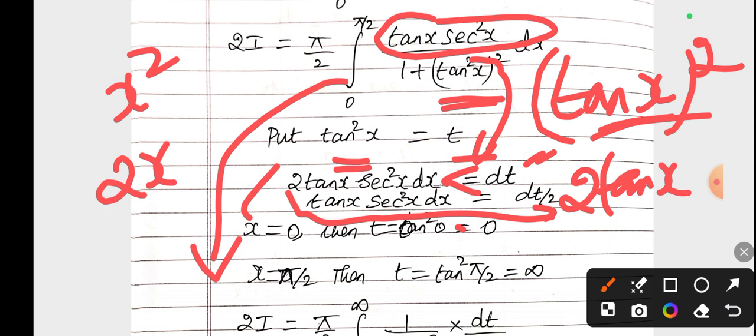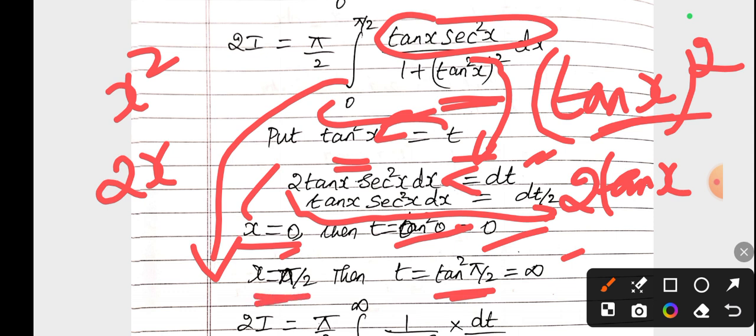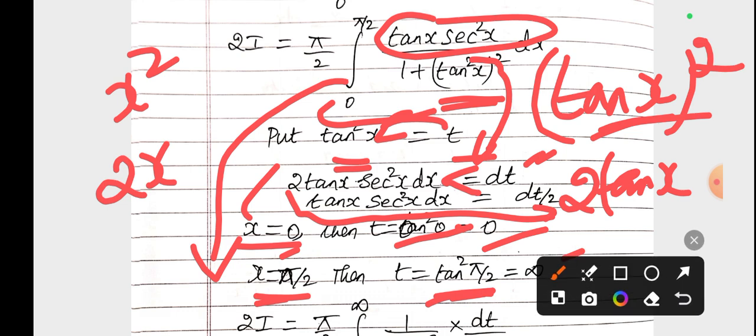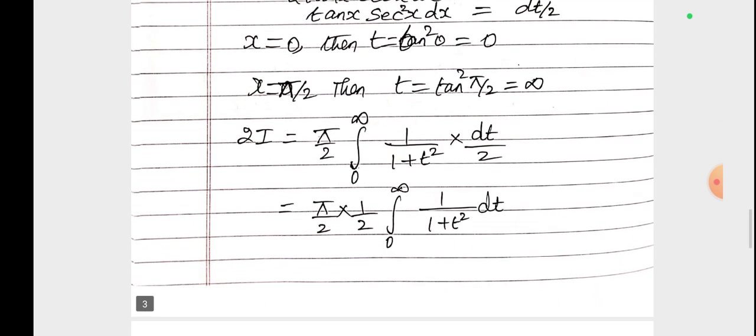X value 0, substitute in the t value: tan square 0 is 0, so no change. But for x equals pi by 2, tan square pi by 2, tan 90 degrees is infinity, so we are getting infinity.